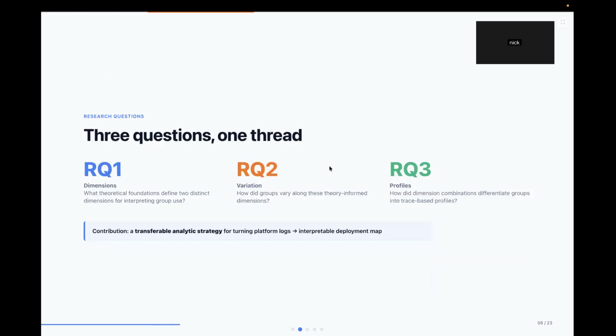So here we have 3 research questions for the study. The first question is: what theoretical foundations define 2 distinct dimensions for interpreting group use? The second research question is: how did groups vary along the theory-informed dimensions?